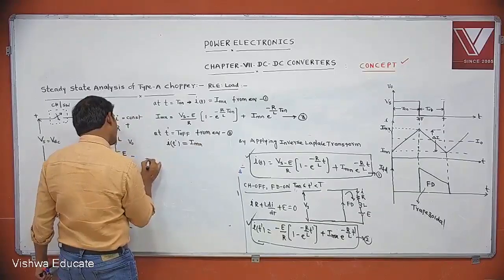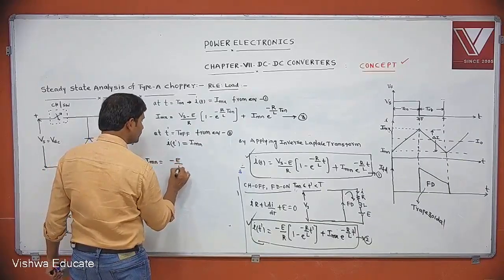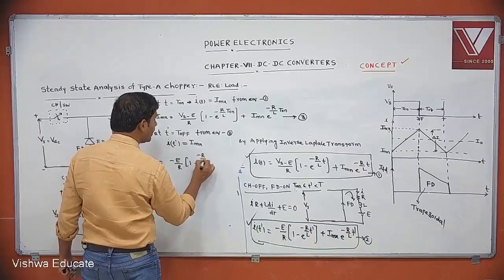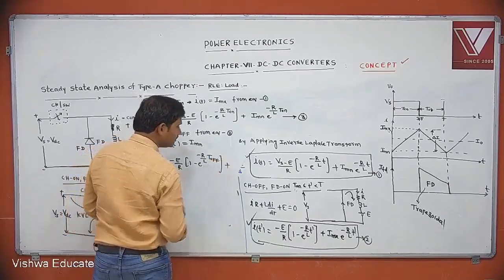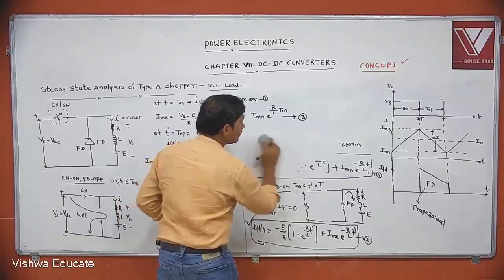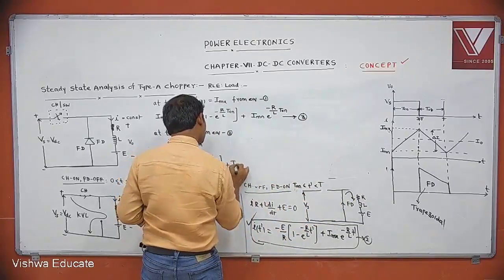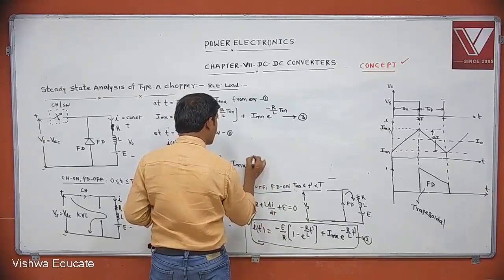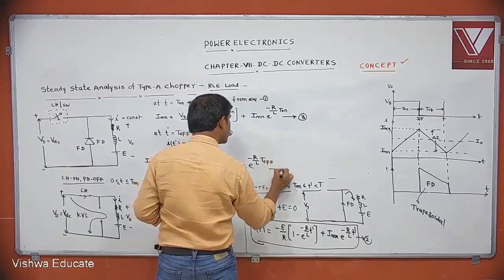Then I minima equal to minus E by R into (1 minus e power minus R by L into t off), plus I max into e power minus R by L into t off. Let this be equation 4.